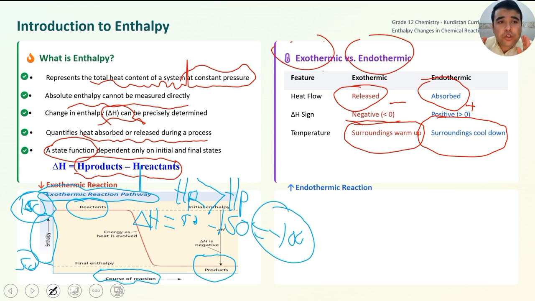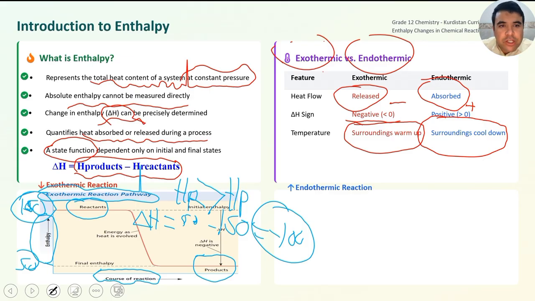That's how we should know that exothermic always has a negative enthalpy. In terms of stability, there is a term we call stability related to enthalpy. The stability is inversely related to the enthalpy. A system that has high energy is unstable.